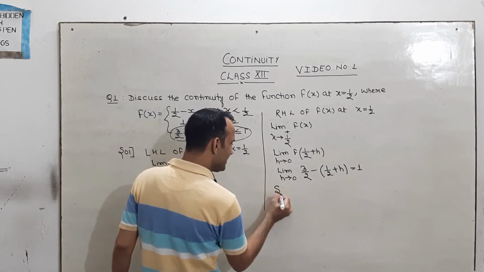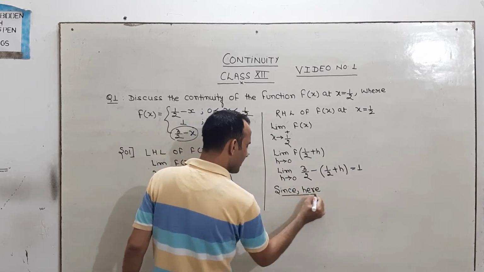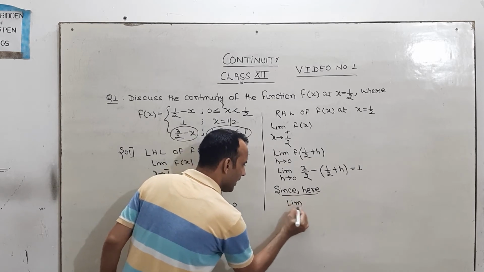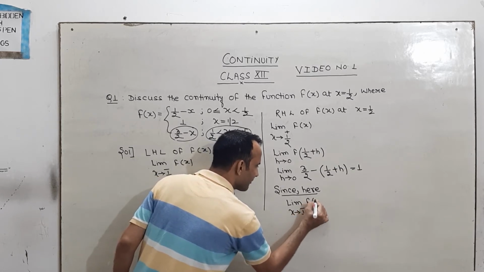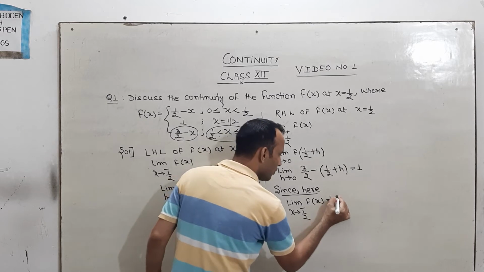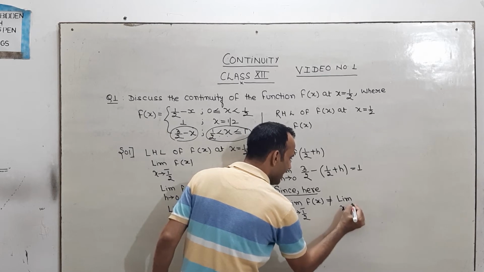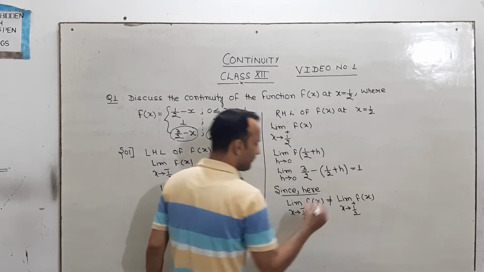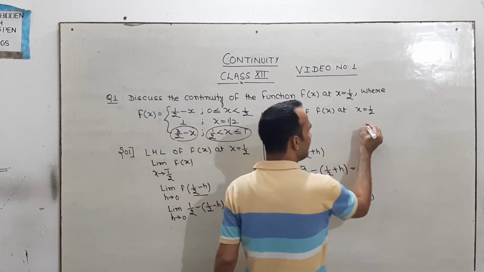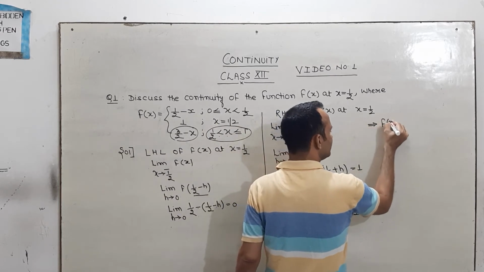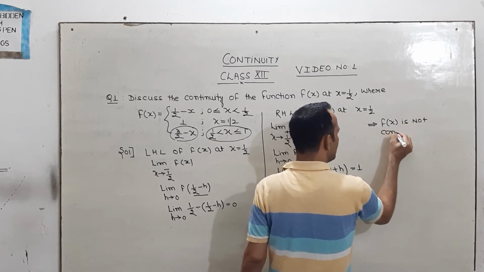So we have to write: since limit x tends to a negative, the left hand limit of f(x), is not equal to limit x tends to a positive of f(x), the right hand limit, both are not equal, implies that f(x) is not continuous. We have to write in this way, my dear students.